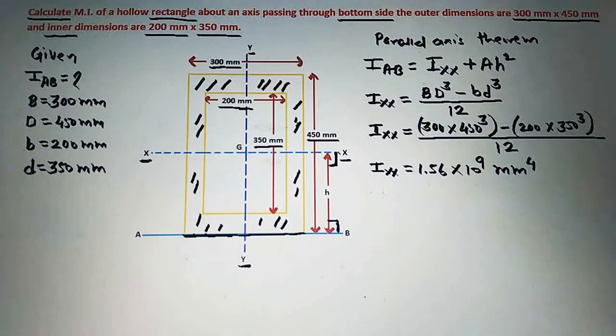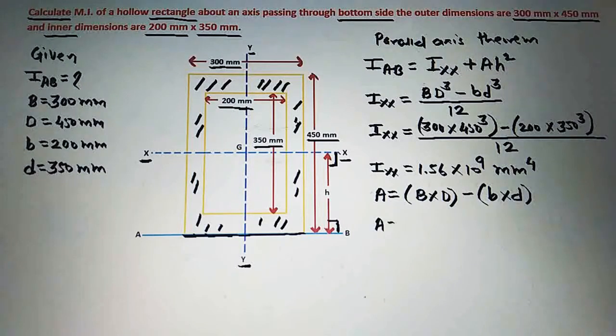Next we will calculate the area here, and area A for this hollow rectangular section should be equal to the area of bigger rectangle, that is capital B into capital D, minus area of smaller rectangle, that is small b into small d.